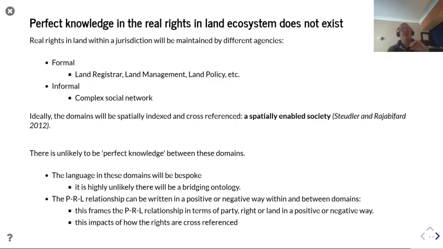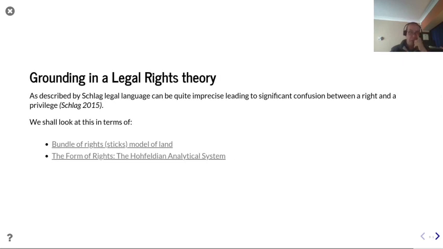This means they can be framed in terms of the party, the right or the land in a positive or negative way. So it's very easy to flip and infer different things about the rights depending on how it's been written. This impacts on how rights can be cross-referenced. It's not so much a problem in a manual or human readable view, but it's definitely a problem from a machine readable point of view.